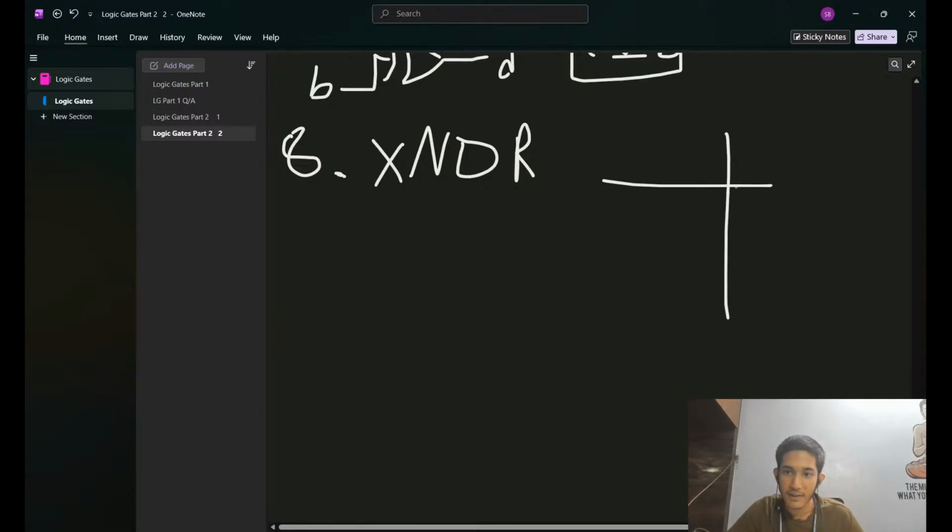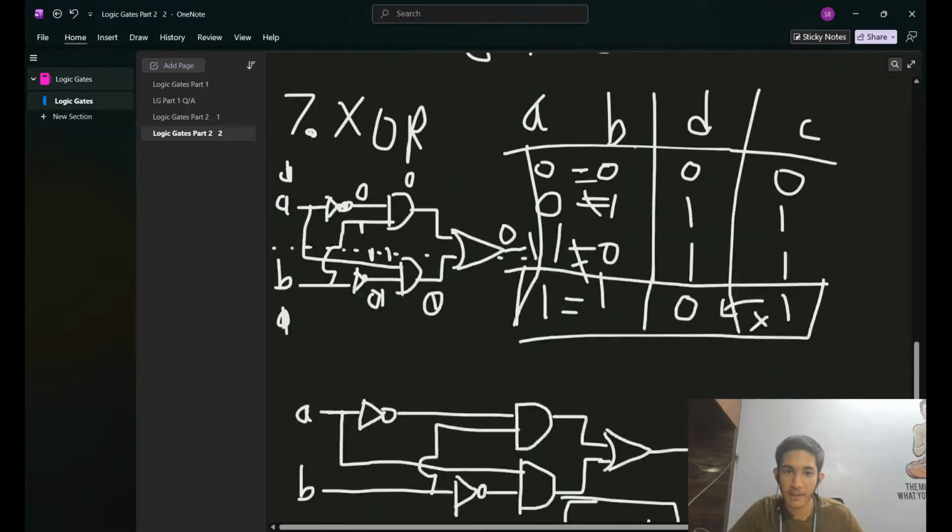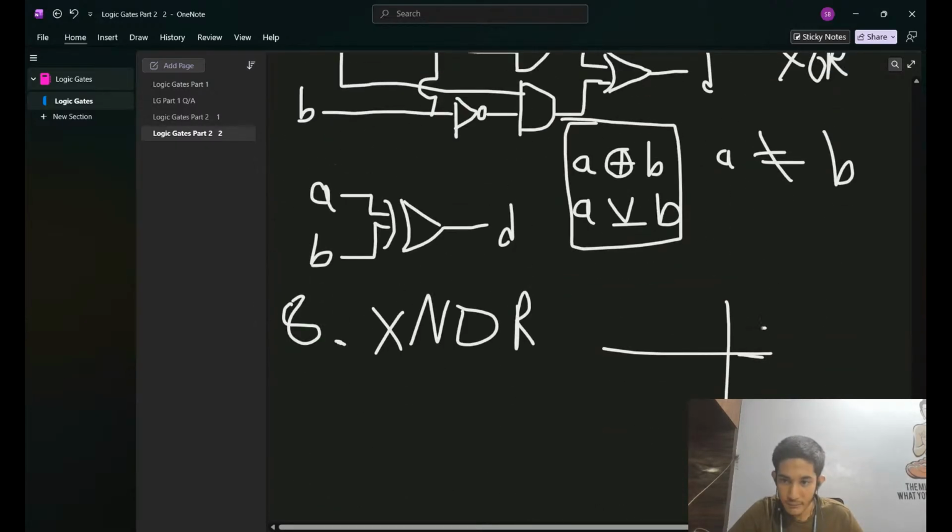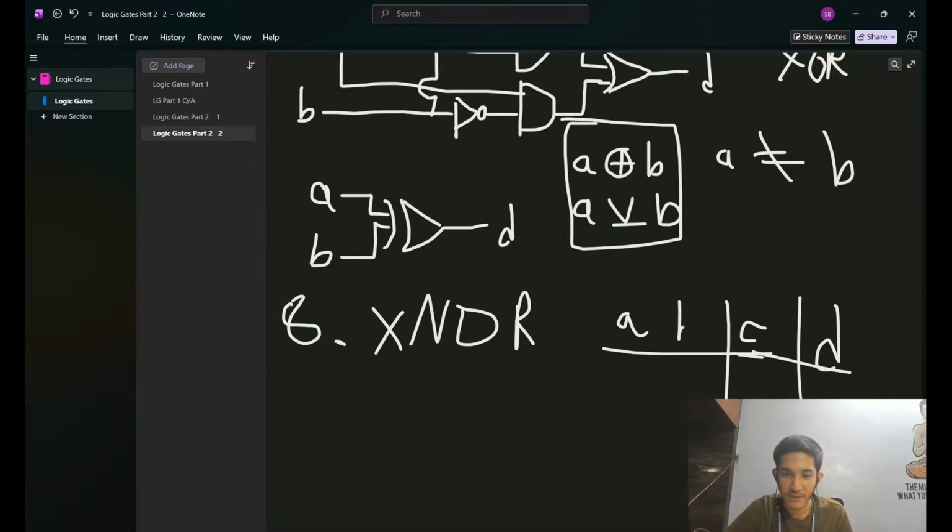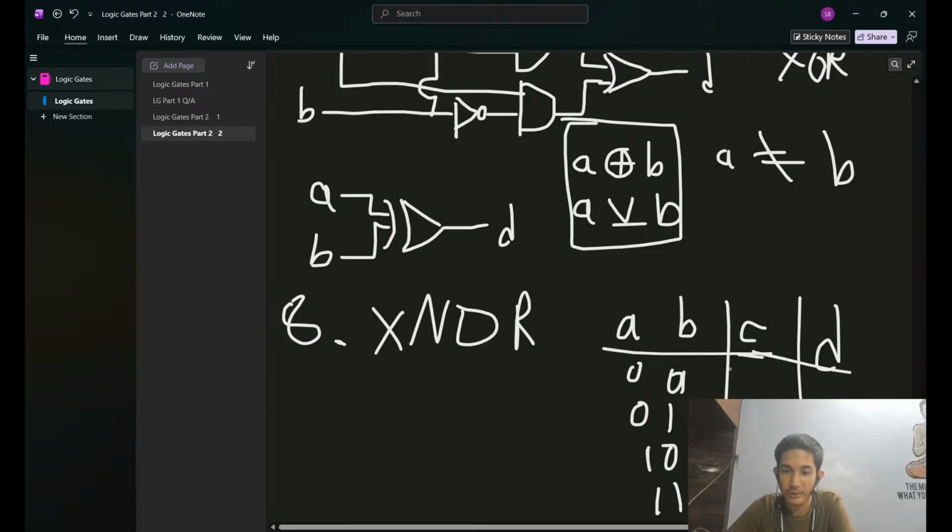This was the truth table for XOR, right? So I'm gonna use C here, sorry. Something's up with my throat. I don't know what. See here all the possibilities. XOR, as you know, it's exclusive, so 0 1 1 0.